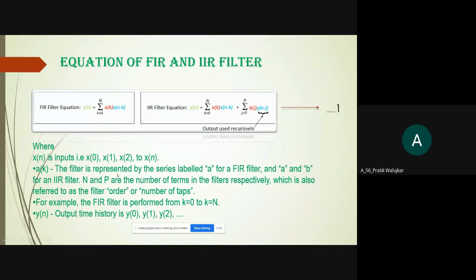For an IIR filter, n and p are the number of terms in the filter respectively, which is also referred to as the filter order or number of taps. For example, if a FIR filter is performed from k of 0 to k of n, y of n is called output, that is y of 0, y of 1, up to y of n.